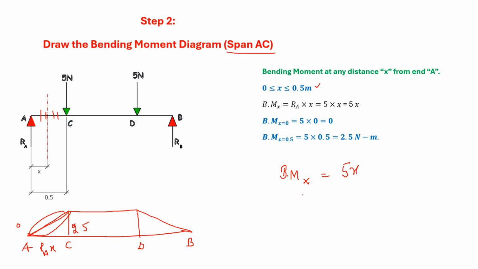So this equation is of the form y equal to mx plus c, where c is equal to 0. Since you get a line equation for the bending moment expression, you are connecting all the points with lines, and you are not using any curve to connect these points.